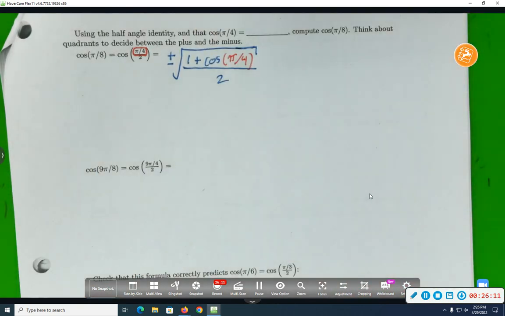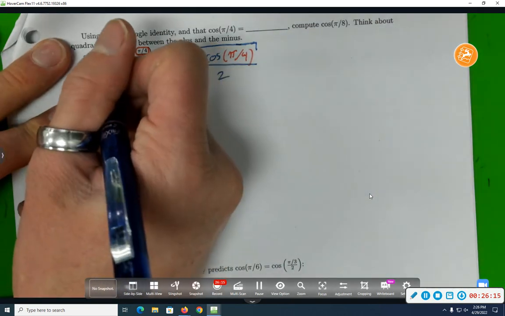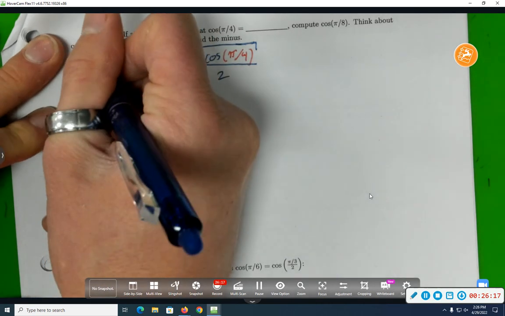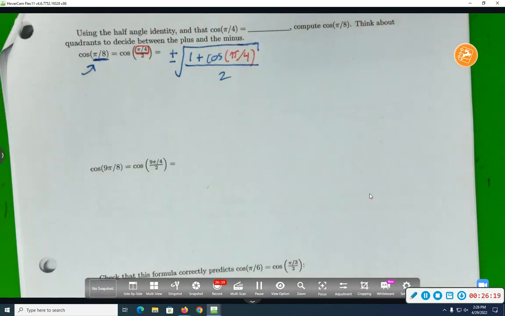And before we make any progress, let's try to deal with the plus or minus. So we're trying to deal with an angle of pi over 8. What quadrant does pi over 8 sit in? I think it's quadrant 1. And pi over 8 would be you start at 0, you rotate that by just a very little bit.